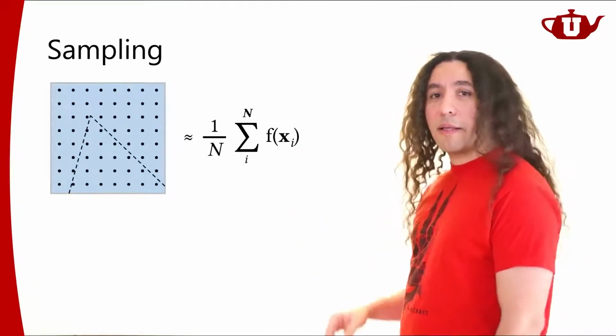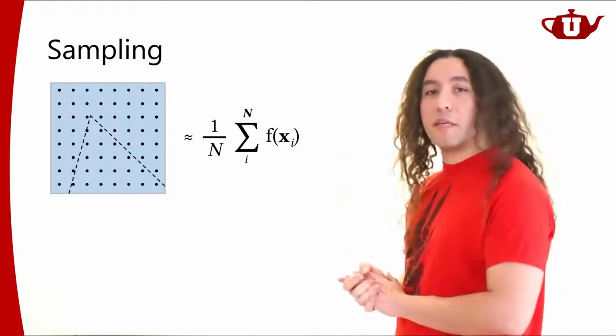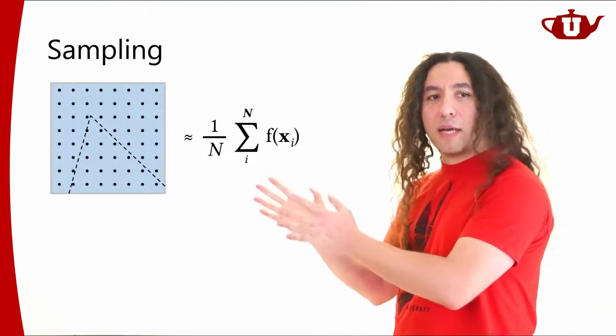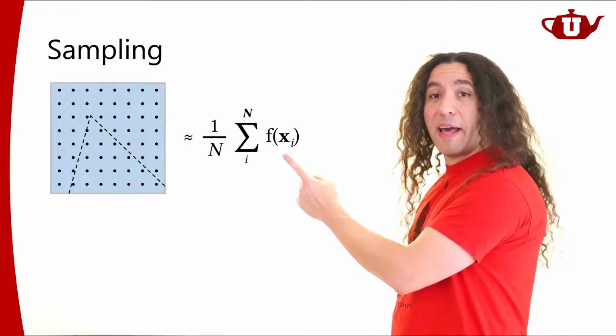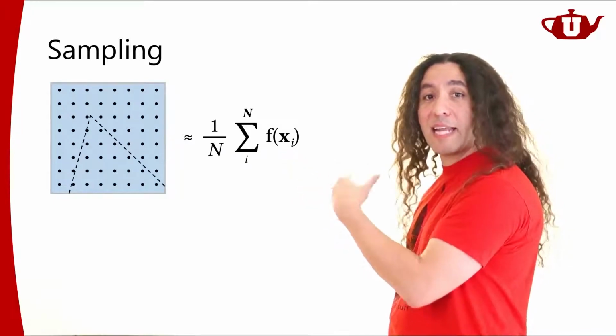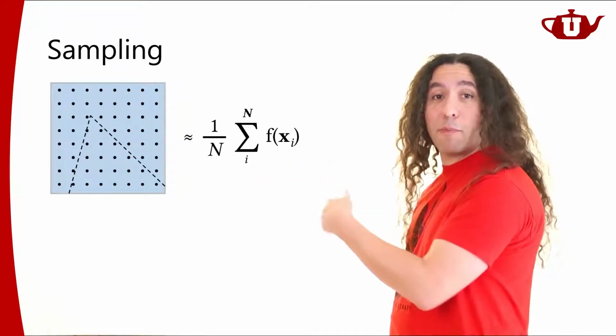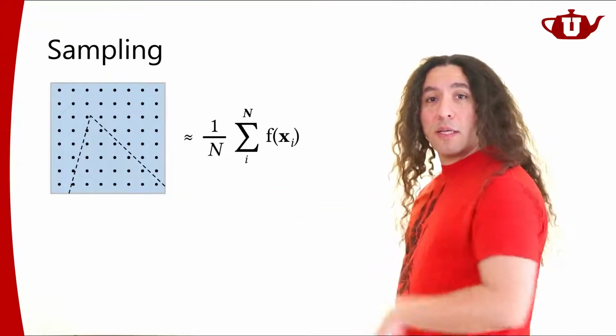All right, so I just picked a bunch of points here, and this should be fairly intuitive, right? I can compute the value of this function f at any point in space. My problem was just computing that integral.